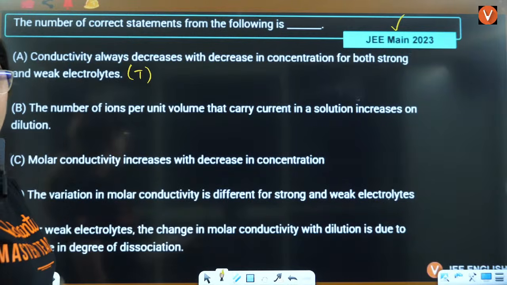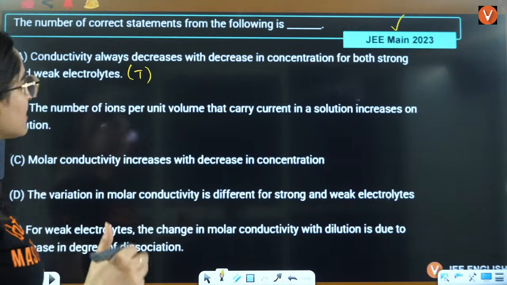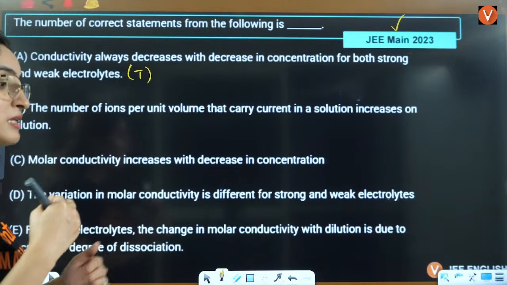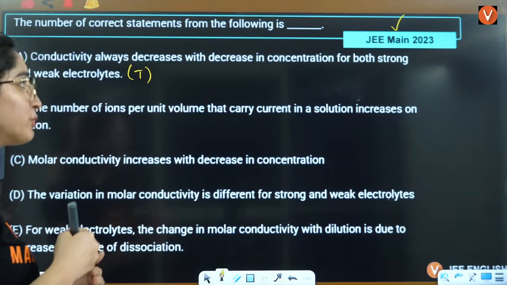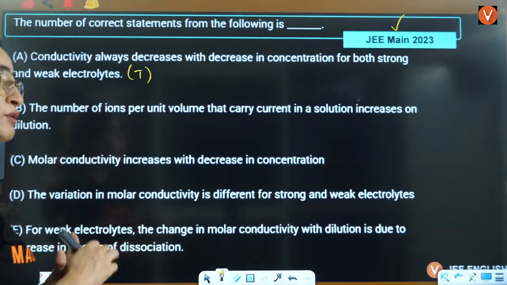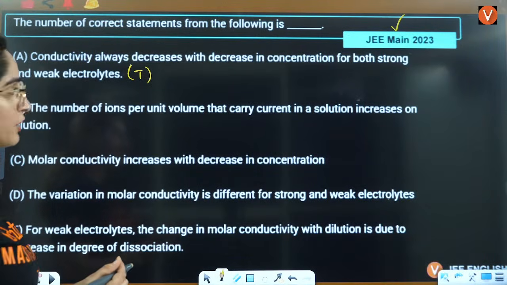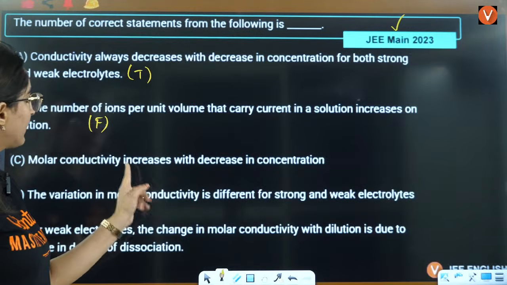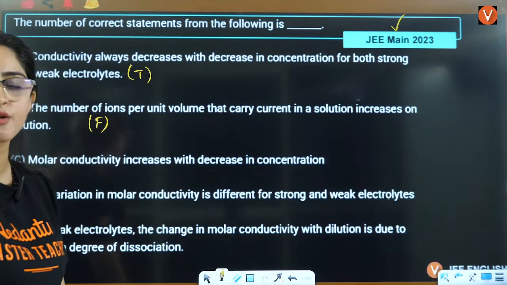Per unit volume means conductivity. Conductivity is decreasing with increase in dilution. When you increase the dilution, you decrease the concentration, and when you decrease the concentration, conductivity will decrease. So this is false.